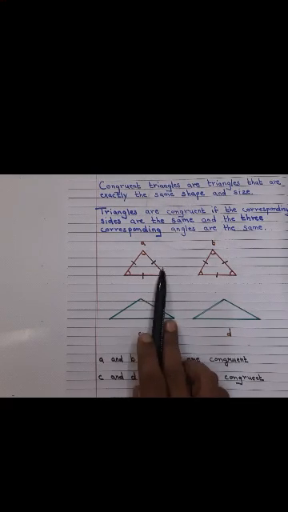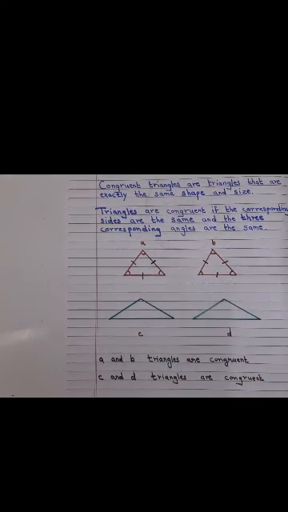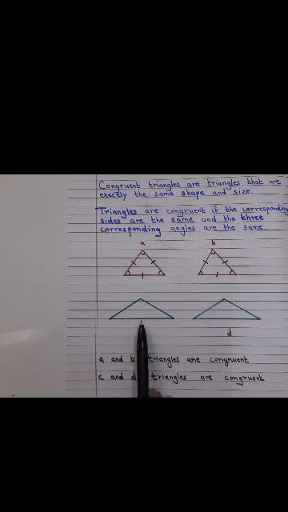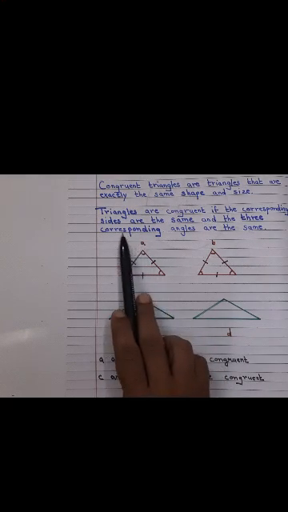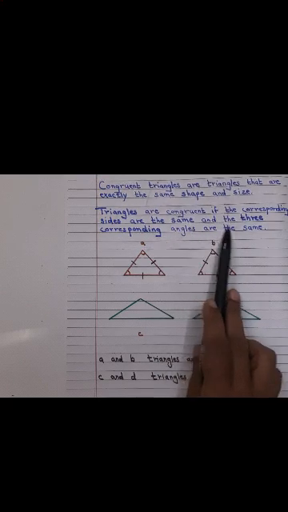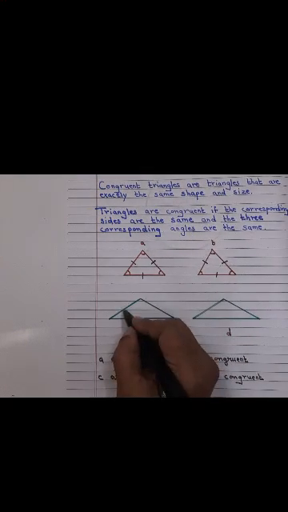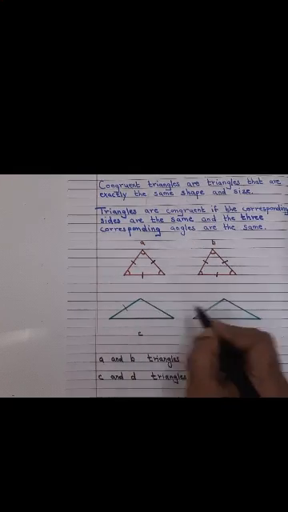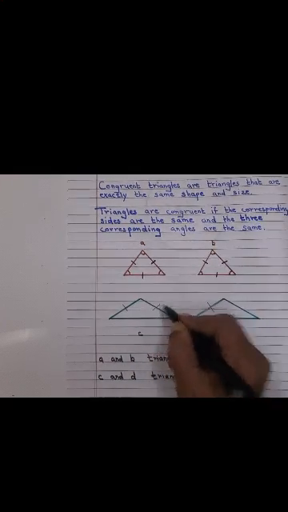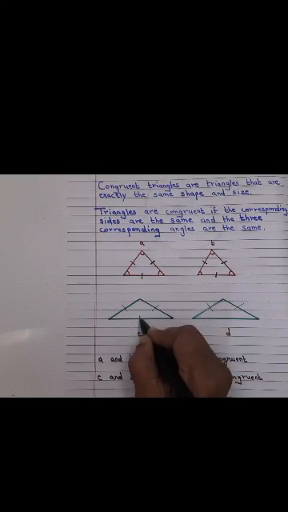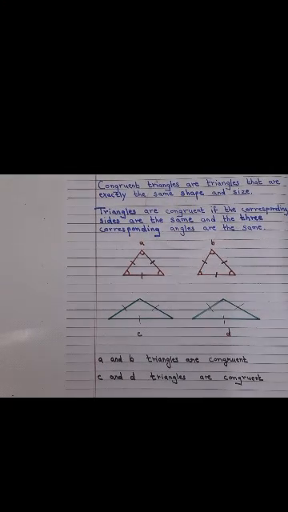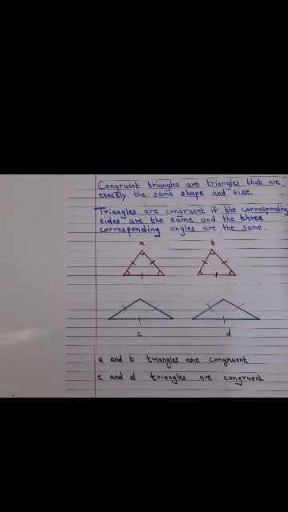See the shape and the size? Okay. Now children, for C and D, what did we say? That the sides are the same and the angles are also the same. So this side, this side, this side, this side, this side and this side, they are the same.